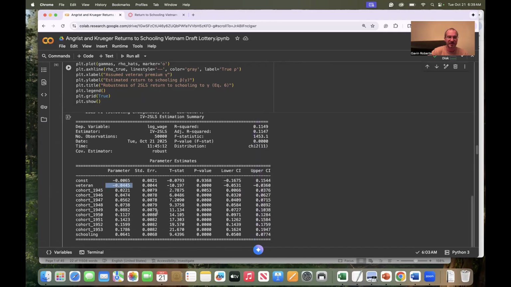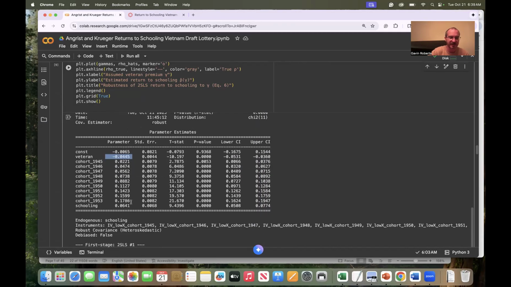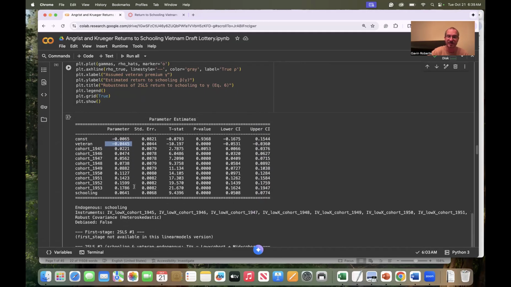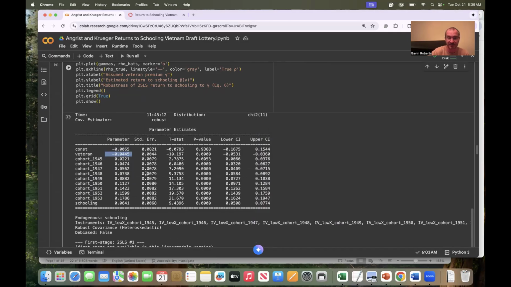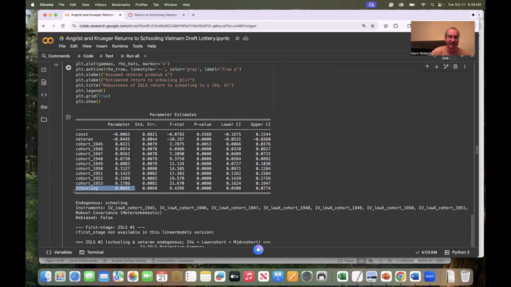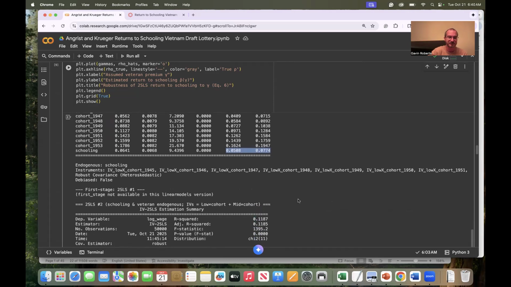Here, we get a better, of course, impact of veteran status, because that one is exogenous, and we're still treating it as exogenous here. Now we get a much better estimate of schooling. The true impact is, in fact, now inside our confidence interval.